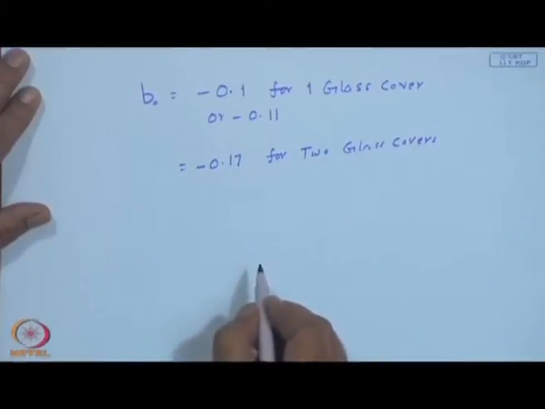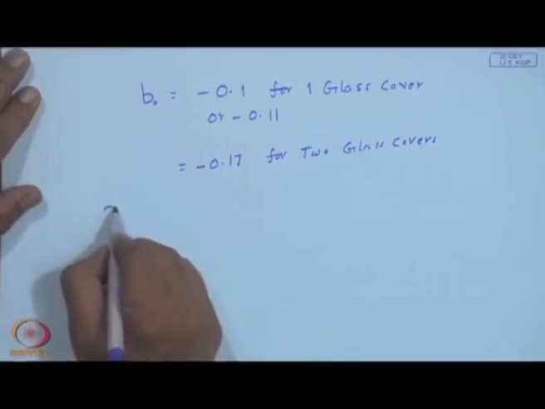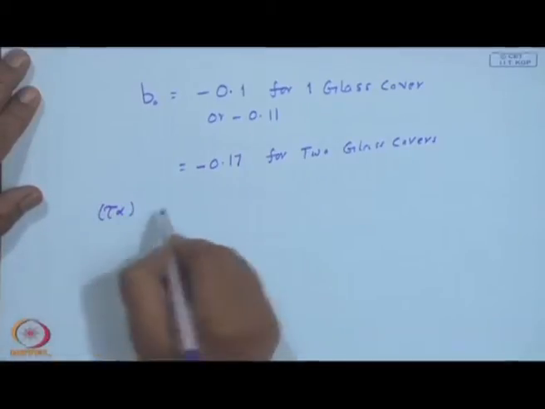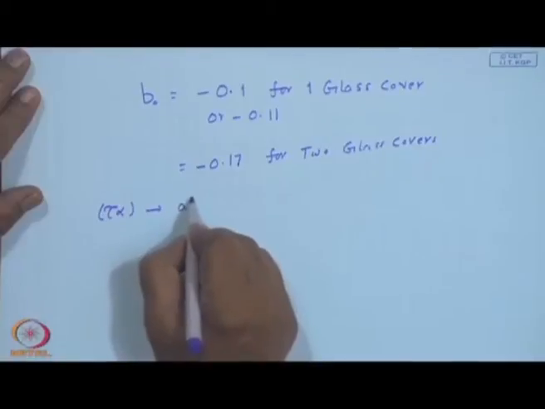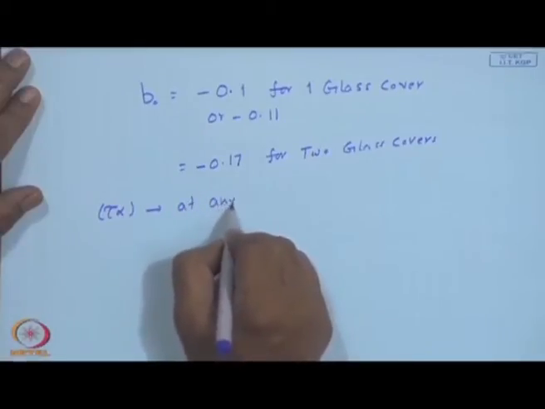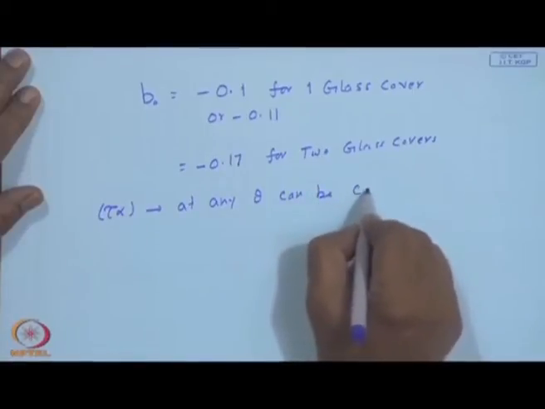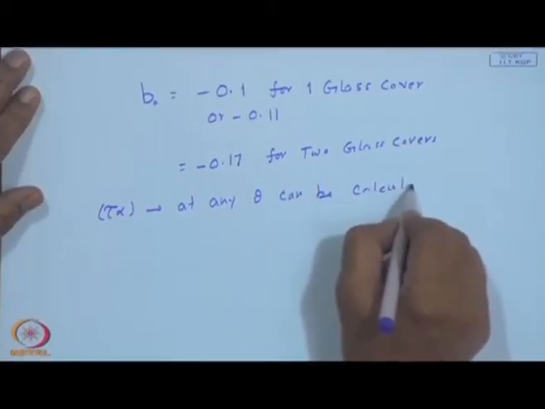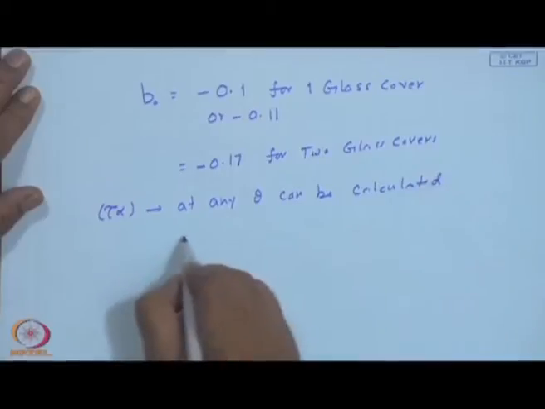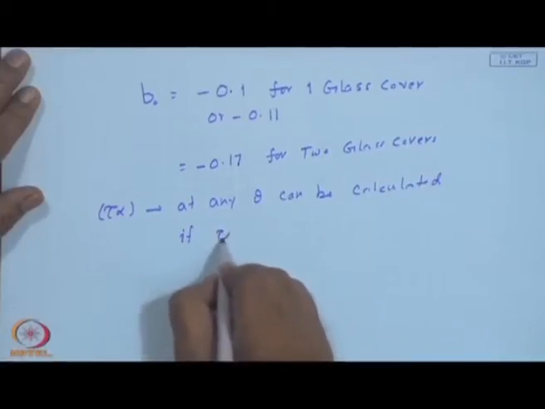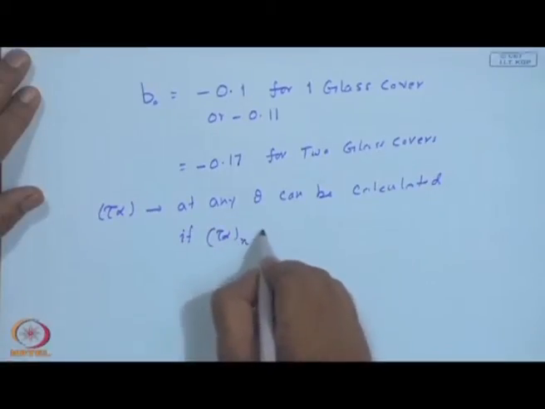So, what we have now is tau alpha at any theta can be calculated if tau alpha n is known.